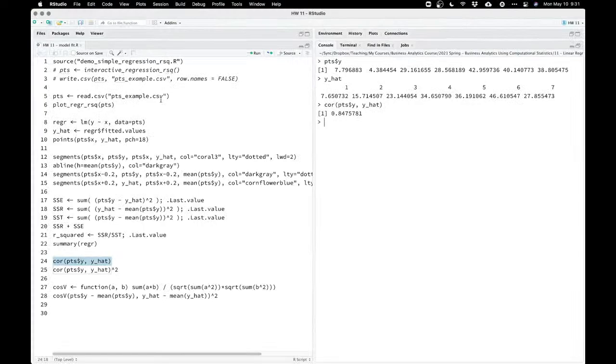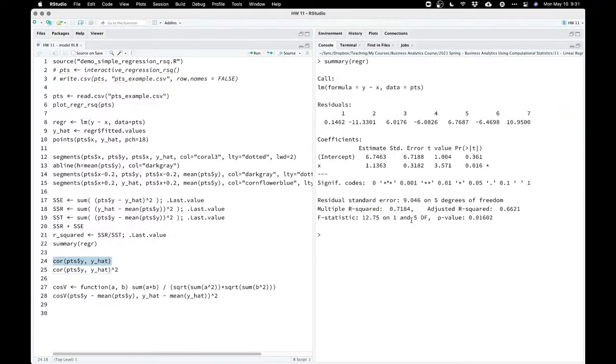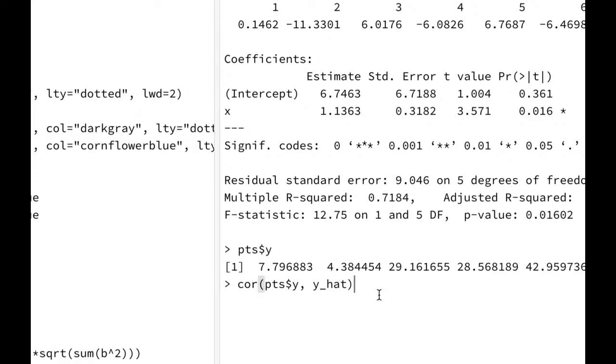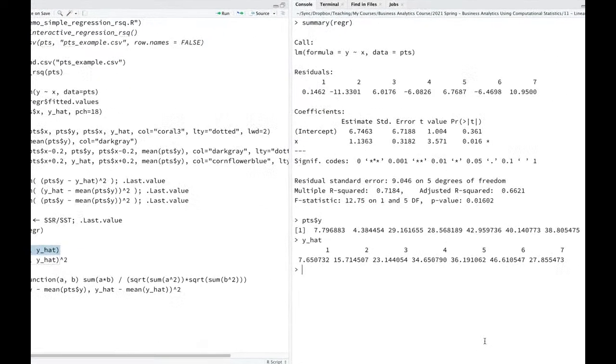If I just type regression, it should tell me... no, summary of regression. Okay, so let's do the summary. The R squared is here, right? 0.71.